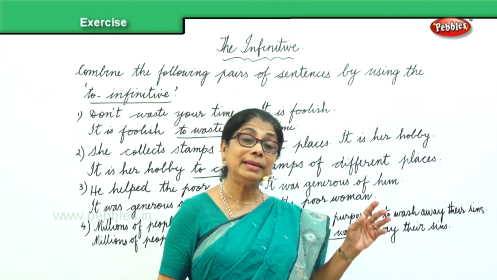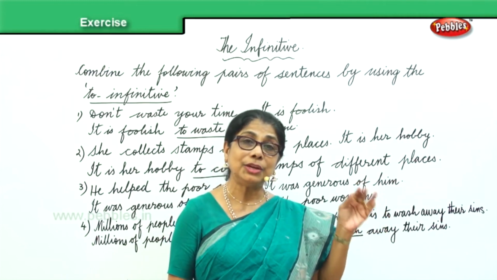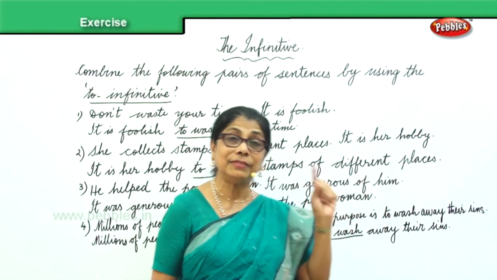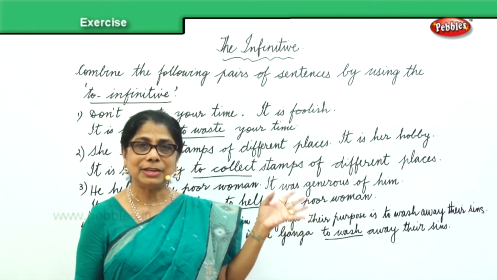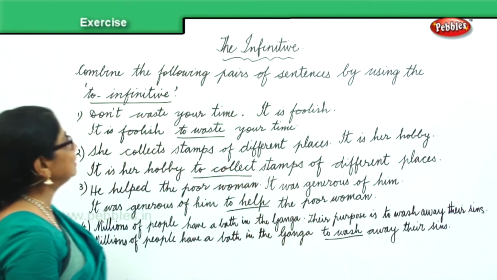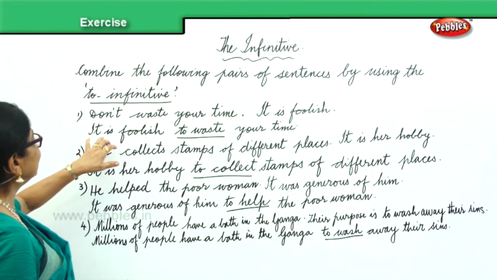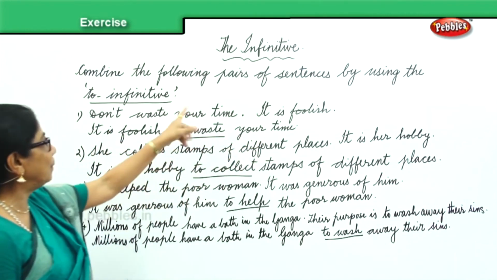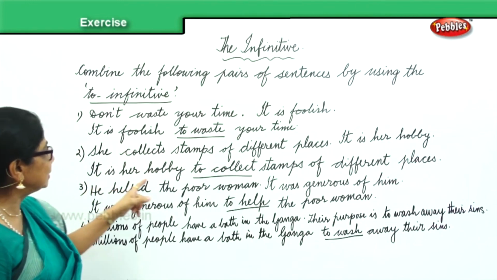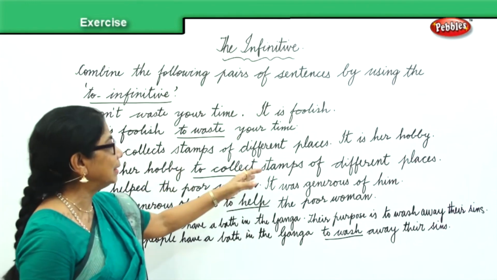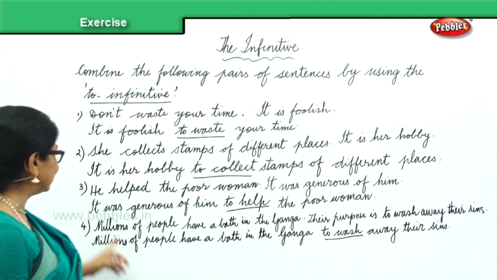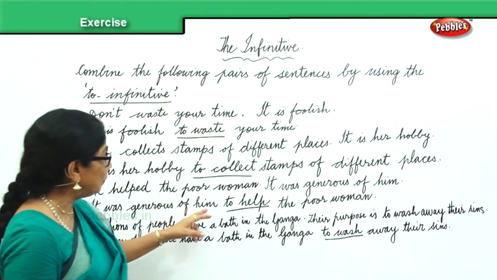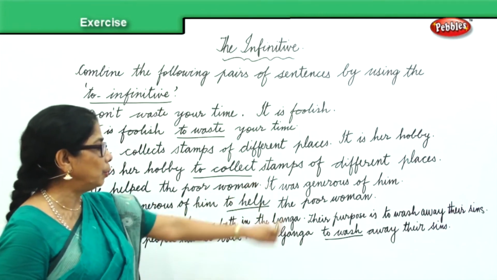We are combining two sentences using to infinitive to complete the sentence. So instead of two, we have a single sentence here. It is foolish to waste your time. It is her hobby to collect stamps of different places. It was generous of him to help the poor woman.